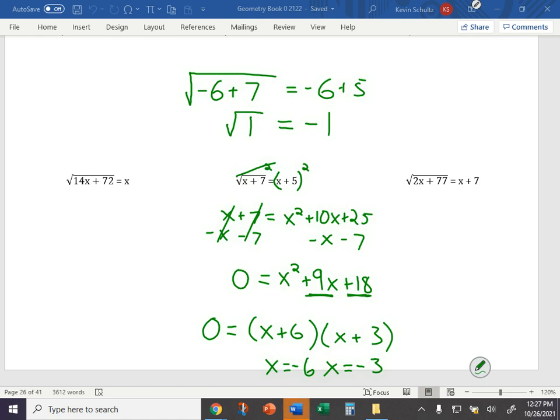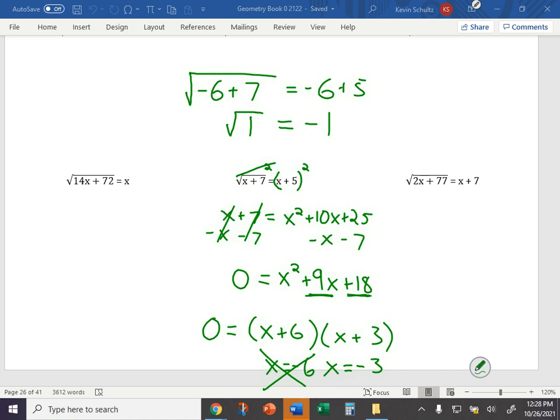That's only in the context of parabolas. If you're ever asked for the root of a number outside of that finding the x-intercepts context, the negative answer isn't part of it. So the root of 1 is not -1, which means that this solution does not actually work, which means it is extraneous. -6 does not actually work.